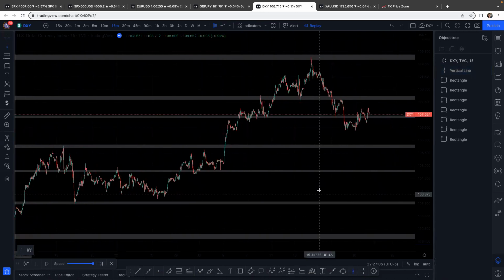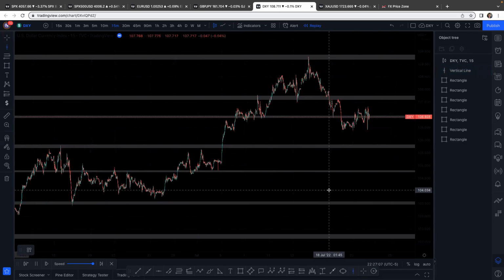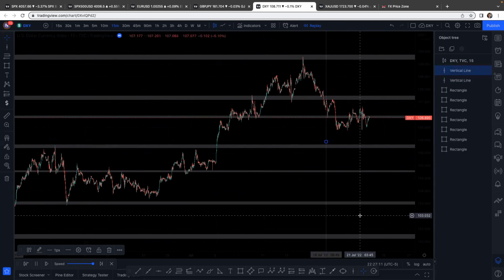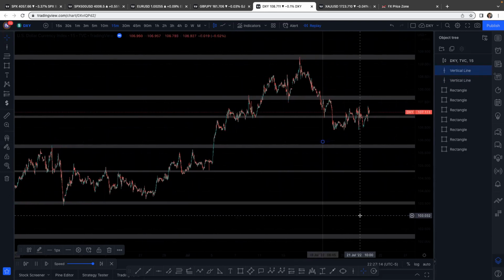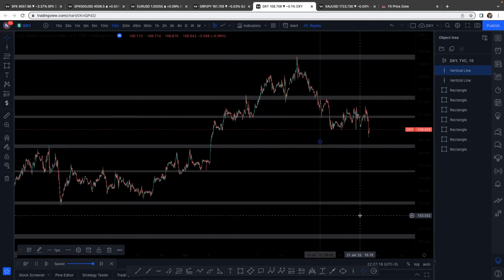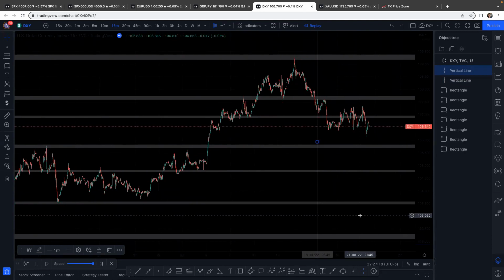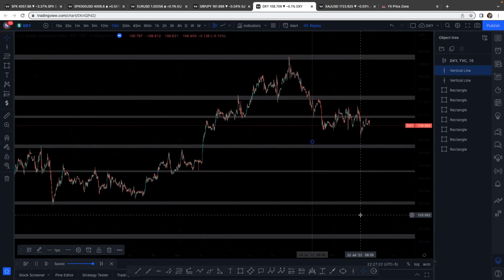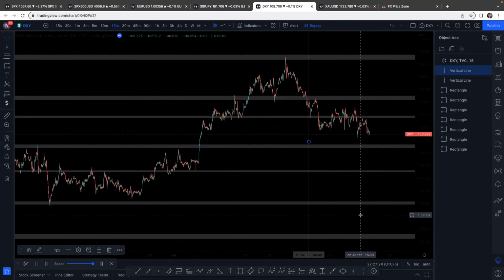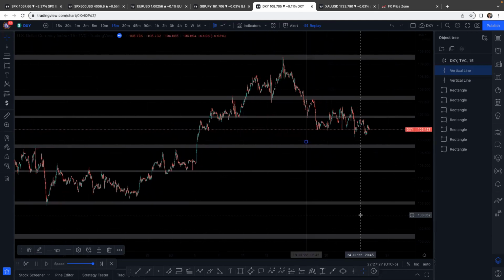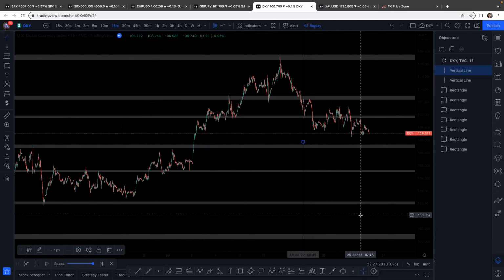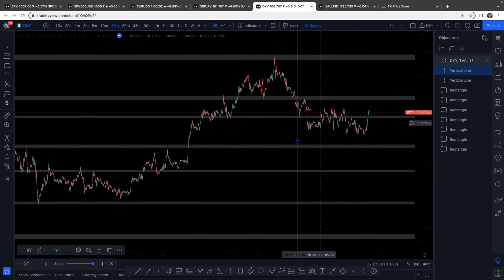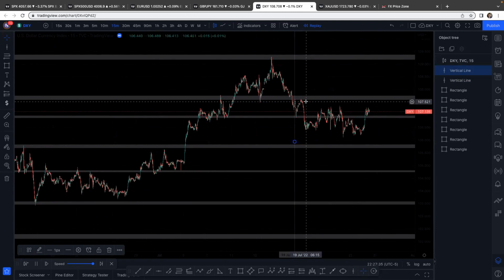I'm actually going to mark this area. I think it was maybe right here where we started. As you see so far, hopefully I remember the pattern right.